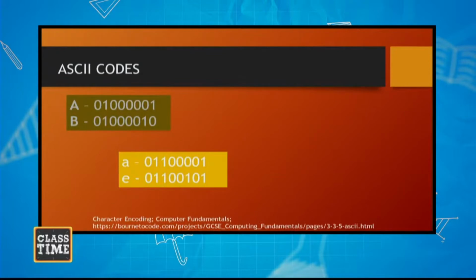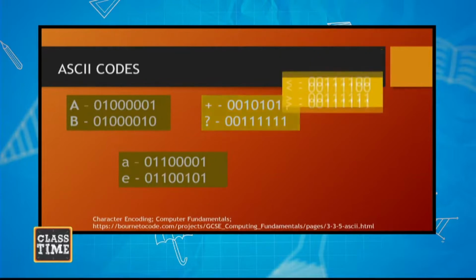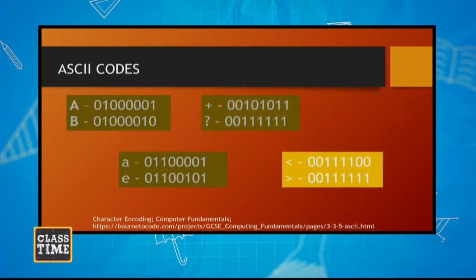Case in point, plus has a code of its own, 0 0 1 0 1 0 1 1, and then the question sign also has a code of its own, 0 0 and then 5 ones. And then finally, the greater than sign and the less than sign have their own codes.